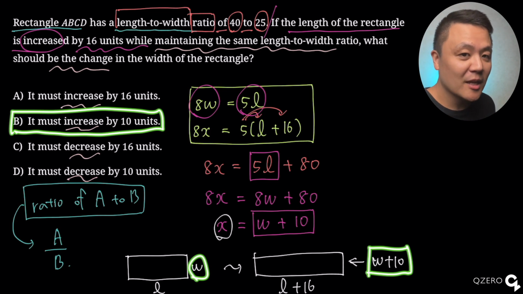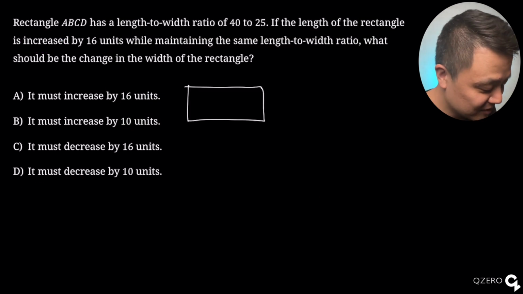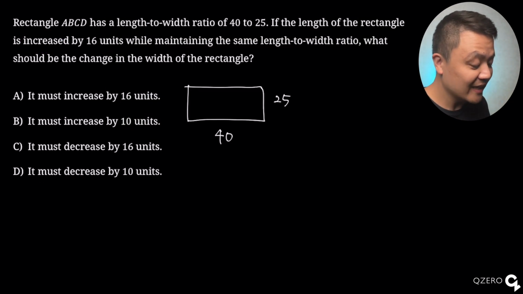We're done. But some might think this is too much and this is just too algebraic an approach to solve this simple question. Yes, I agree. So let me introduce an easier version to solve this question. Why don't we just set the length and width of the original rectangle as 40 and 25? It satisfies the length to width ratio, right?